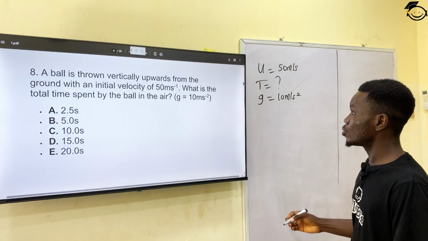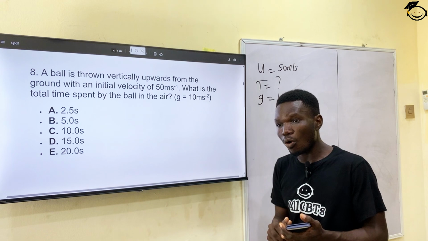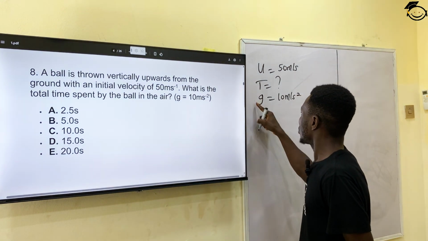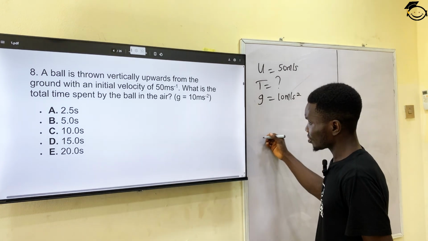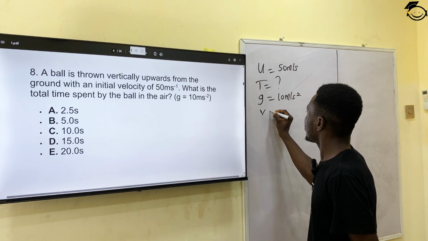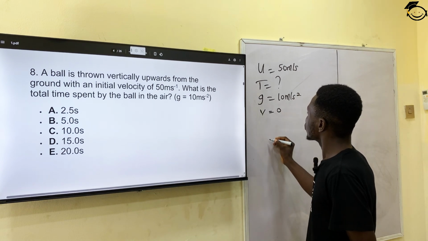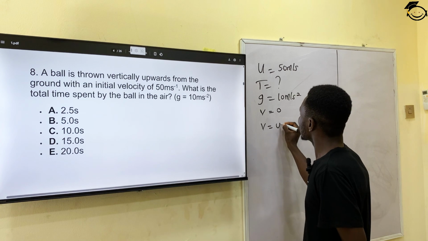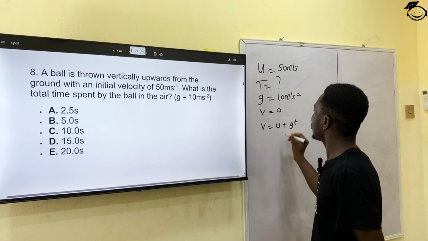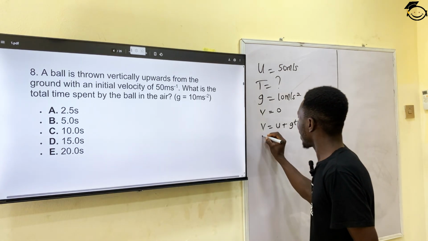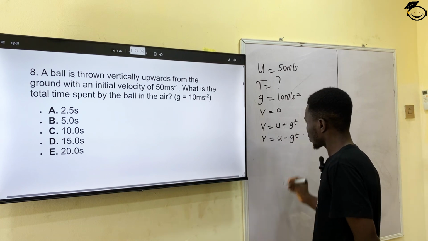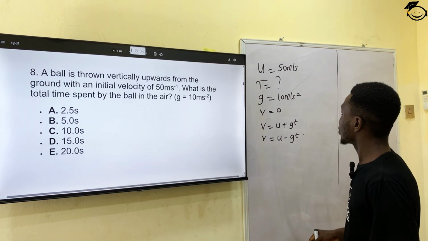So the first thing we are going to do is to find the time it takes the ball to get to maximum height. We know that whenever a body gets to maximum height, the final velocity is 0. So if we have v = u + gt, but in this case, because the ball is going upward to get to maximum height, we'll have v = u - gt.